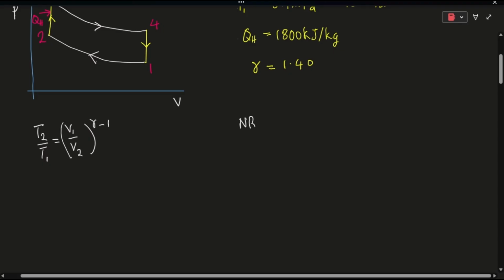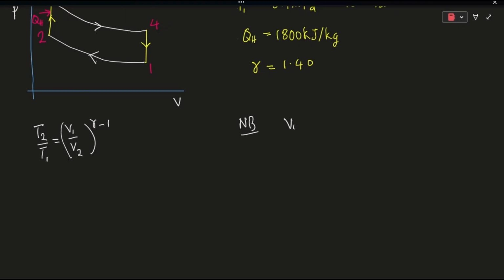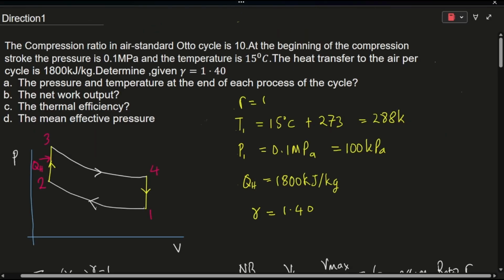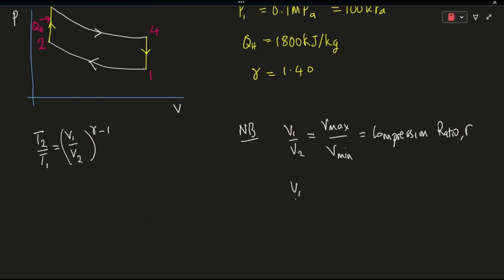Now, let's take note of the fact that V1 over V2 references the maximum and the minimum volumes, which is equivalent to our compression ratio. Now, in the question, our compression ratio has been given as 10, so R is 10. That means V1 over V2 is equal to 10.